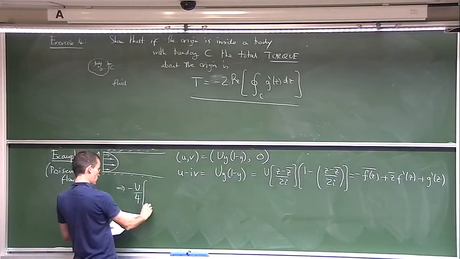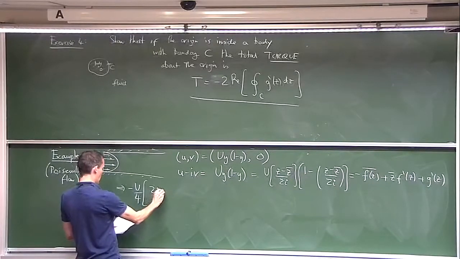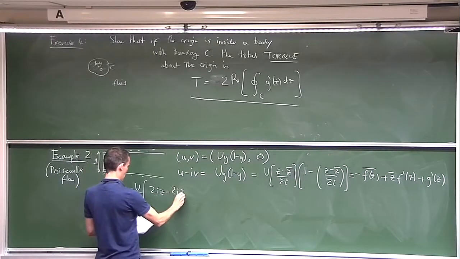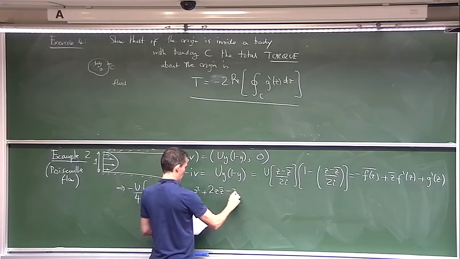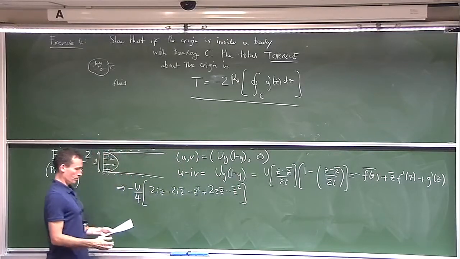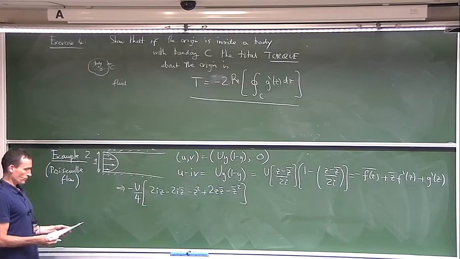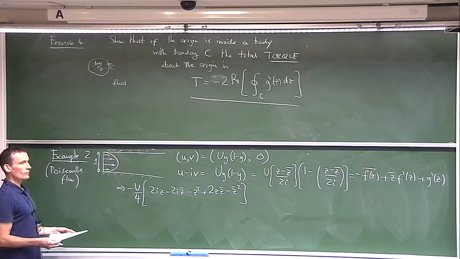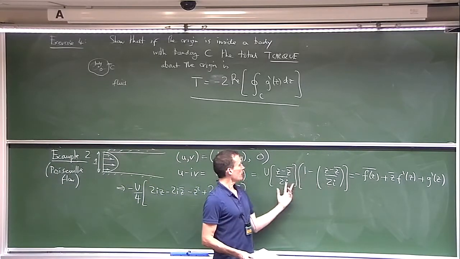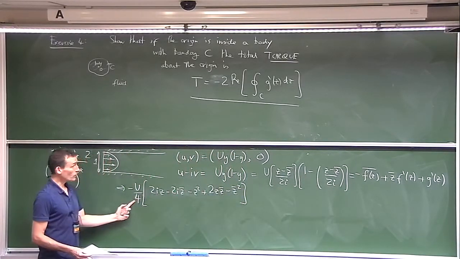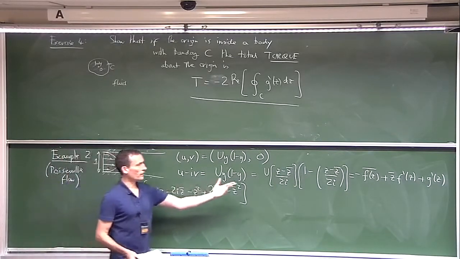I'll expand it out for you. You just get 2i. See what I've done? I've just multiplied up by 2i there, taken out the 2i squared, which is minus 4, and then expanded out this, and this.